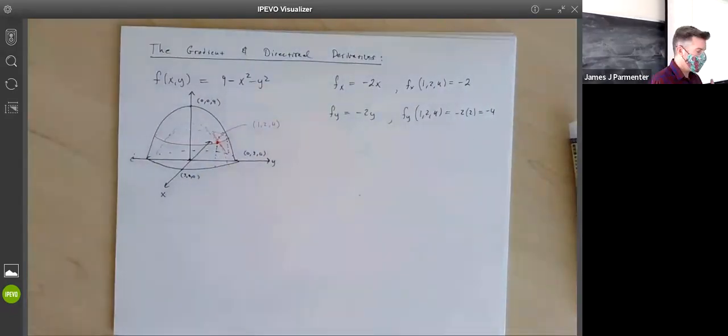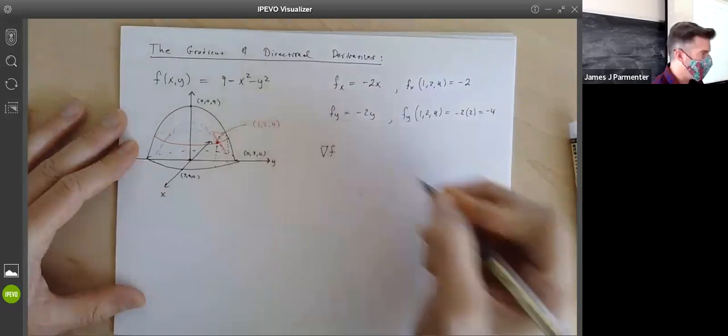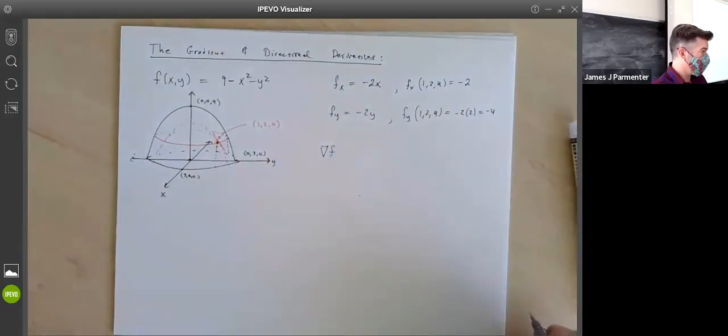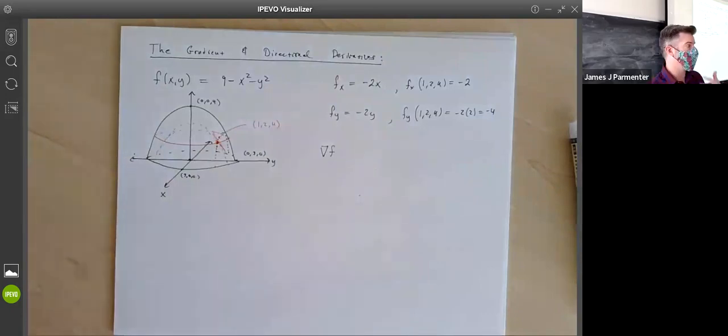So now, what about the gradient? Well, the gradient of f is a vector. It's a vector where each component is the partial derivative of that variable. So the reason I say it in a very broad way, I didn't say it's fx comma fy, is because you can have a gradient of a function of more than 2 variables.